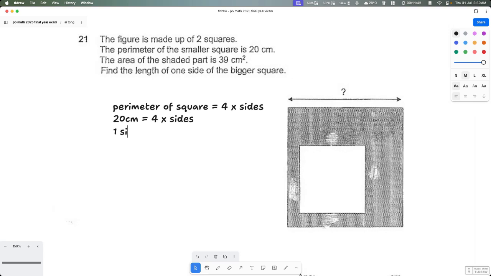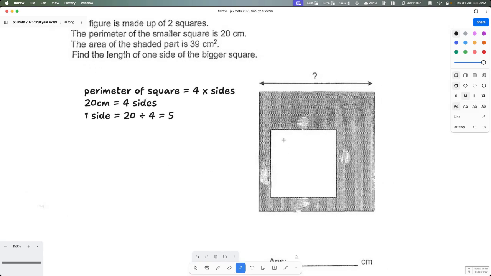So essentially 4 sides, which means one side is equal to 20 divided by 4. And this will give us 5.